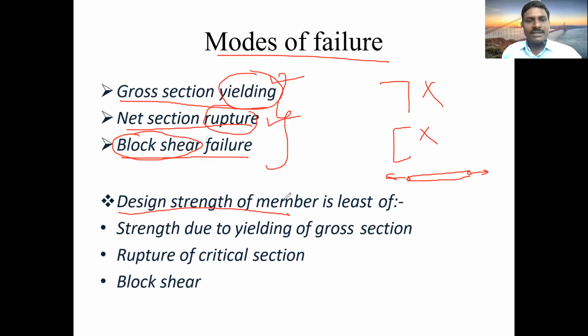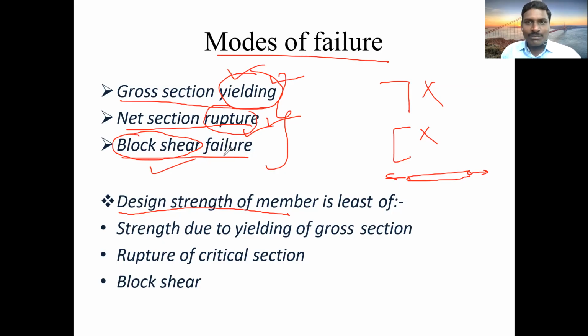It means your bolt will fail due to shear, bearing, and tension. Similarly, your tension member fails due to yielding, rupture, and block shear. So these three strengths we have to calculate in this particular tension member.